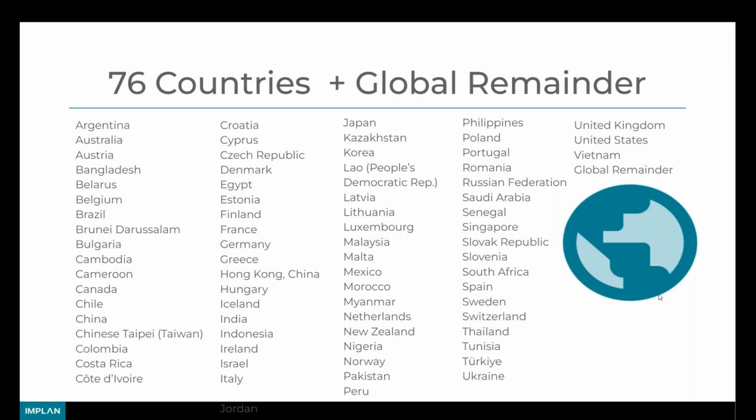So the international product now has data for 76 countries, up from 66 countries in the last release. New countries include Bangladesh, Belarus, Cameroon, Côte d'Ivoire, Egypt, Jordan, Nigeria, Pakistan, Senegal, and Ukraine. Altogether, these countries account for more than 90% of the world's GDP.